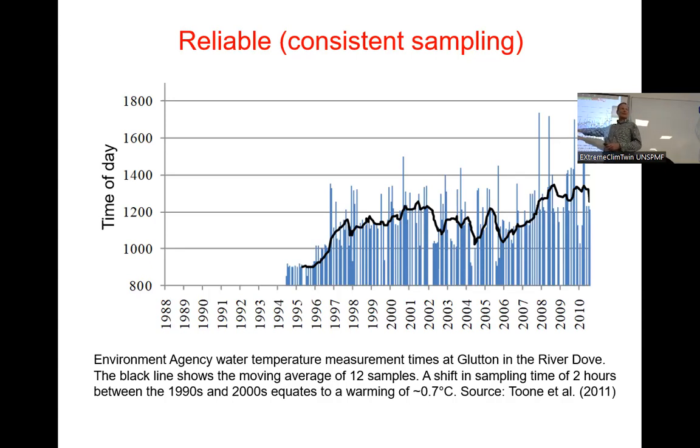So that's an example of how a very subtle shift in measurement practices can produce an artificial trend in a climate risk indicator. You can see I've highlighted this header in red to denote that I think it fails our tests. We have to be careful about the reliability in this case.